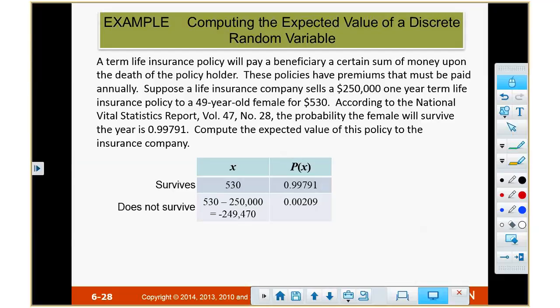Somebody needs some money. You get it? You understand? And that's what you have to think about when you're talking about the life insurance. This is called expected value.